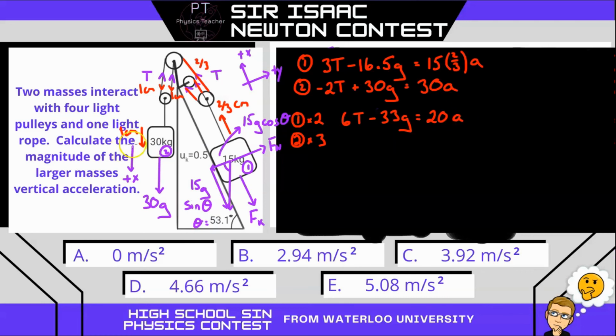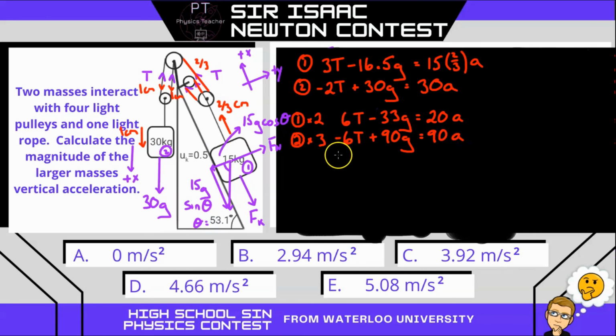And this a is A2, the acceleration for the second block. Then multiplying equation 2 by 3, we get negative 6T plus 90g equals 90a.